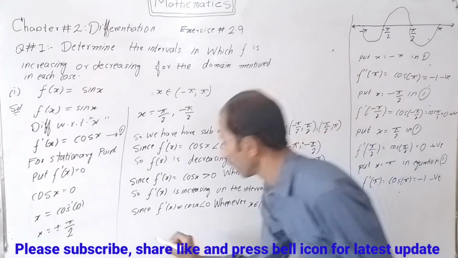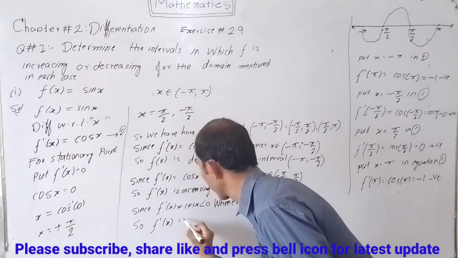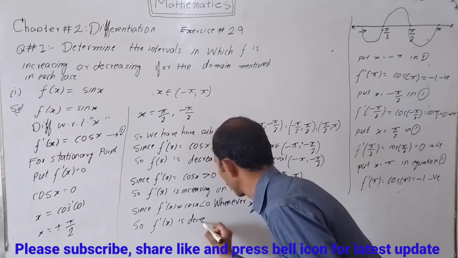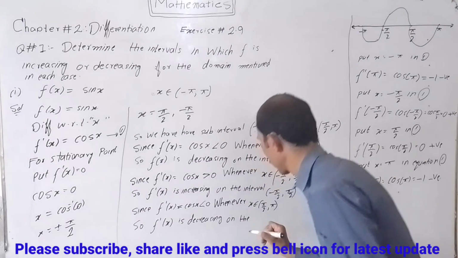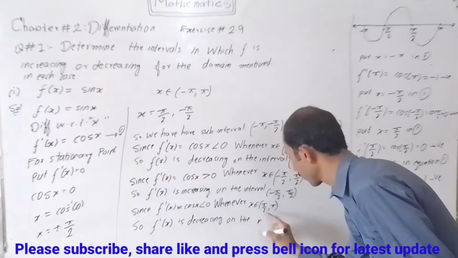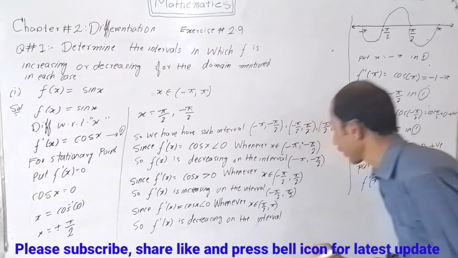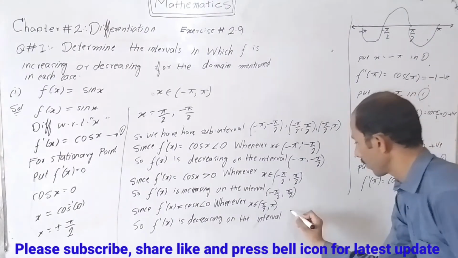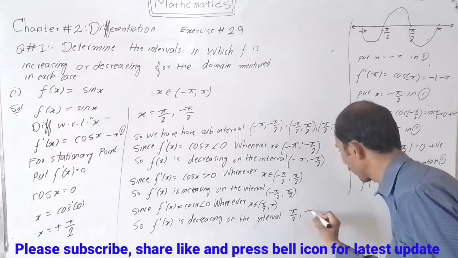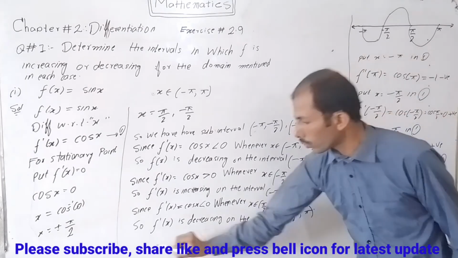So f of x is decreasing on the interval pi over 2 to pi. Which is the required solution.